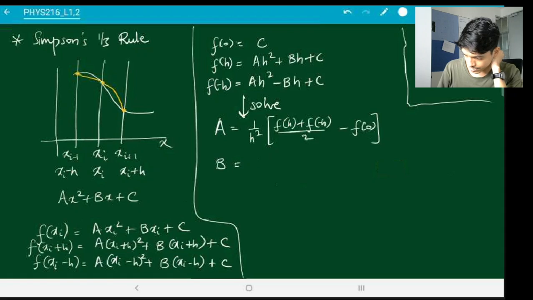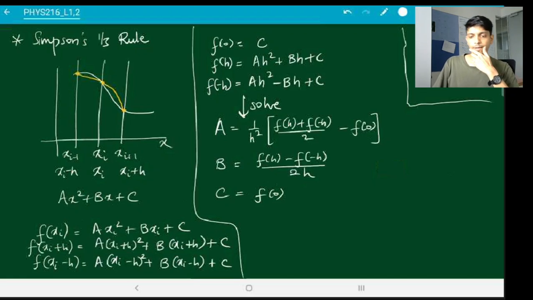B turns out to be f of h minus f of minus h over 2h, and C is f of 0. So these are the solutions for A, B and C.